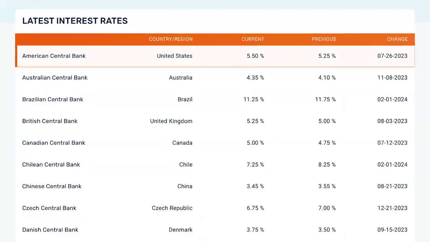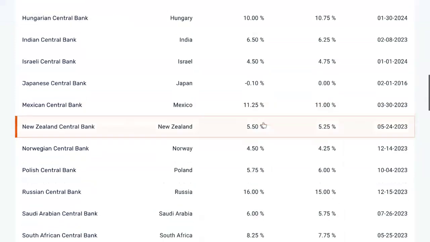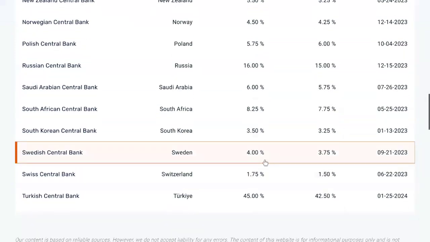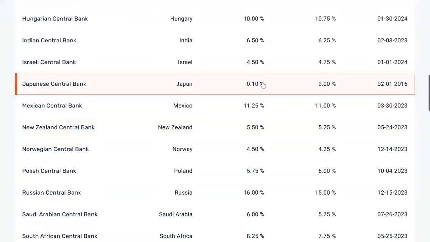If anybody says they want the savings account with the negative rate, I don't know what planet they're living on, man.